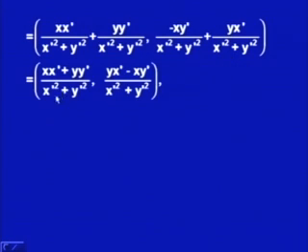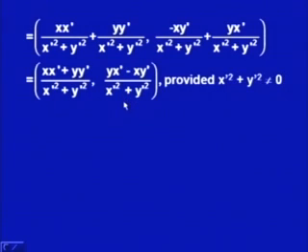So, we can again write this number as x x dash plus y y dash divided by x dash square plus y dash square as the real part, and y x dash minus x y dash divided by x dash square plus y dash square as the imaginary part of the complex number.